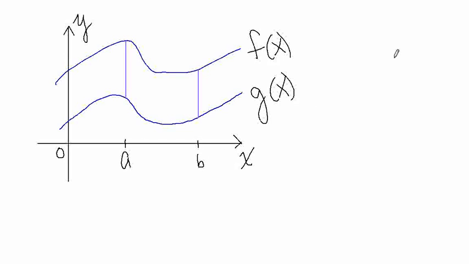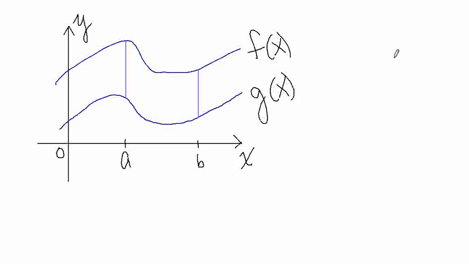Okay, so what I've drawn is the graph of two functions, the graph of the function f and the graph of the function g. And I've also cordoned off a region between those two graphs.